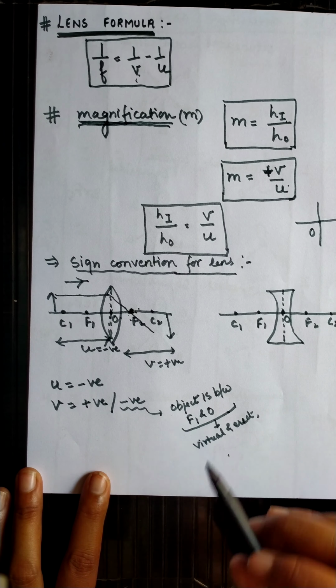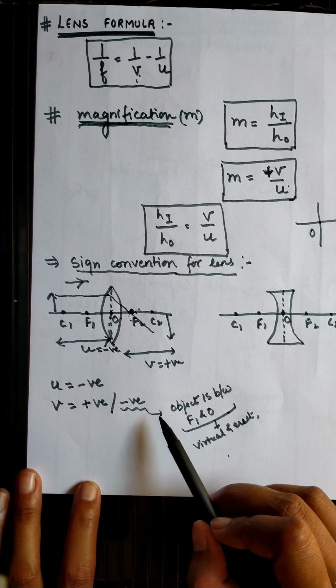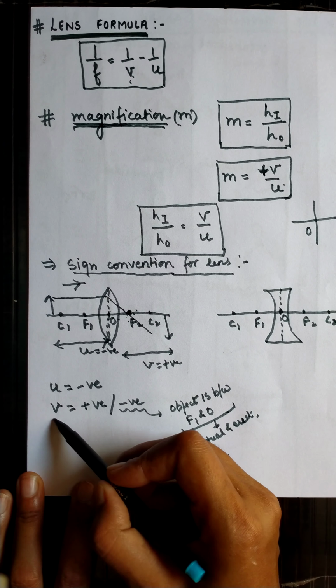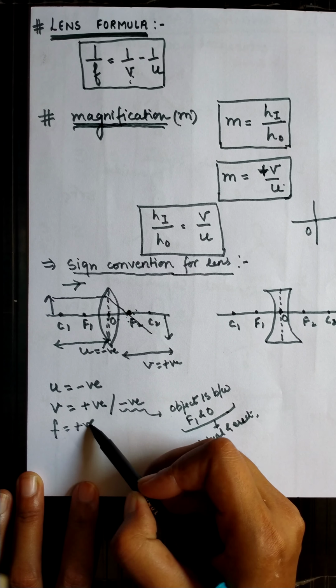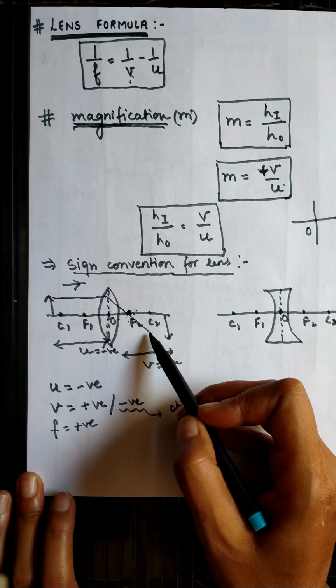So for a virtual and erect image, the value of v will be negative. The value of focal length will be positive because we are using this one focus.